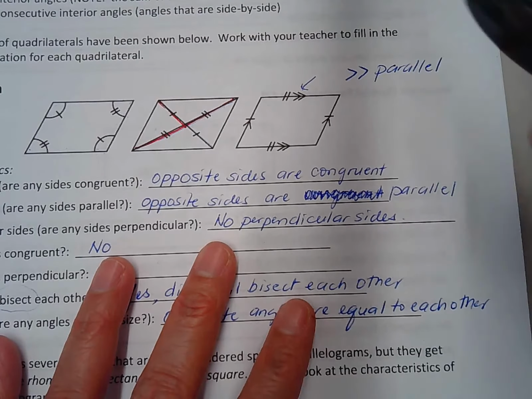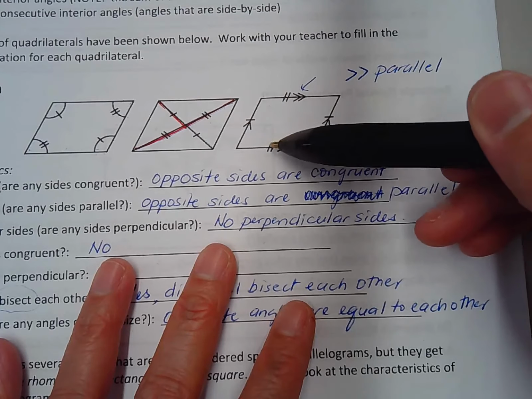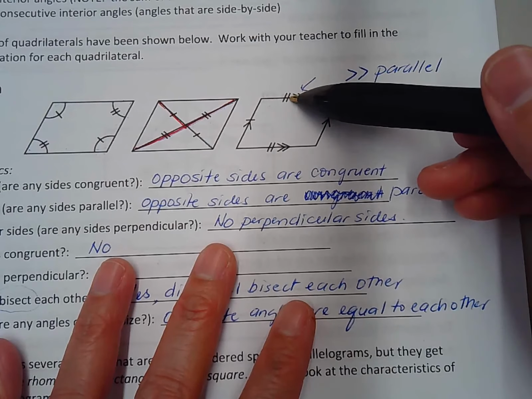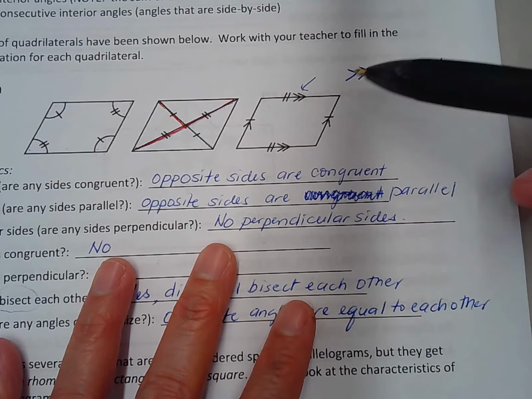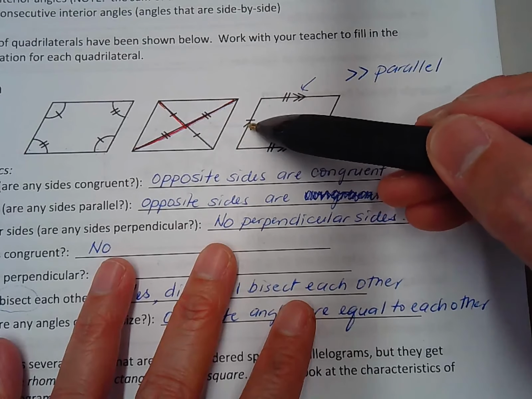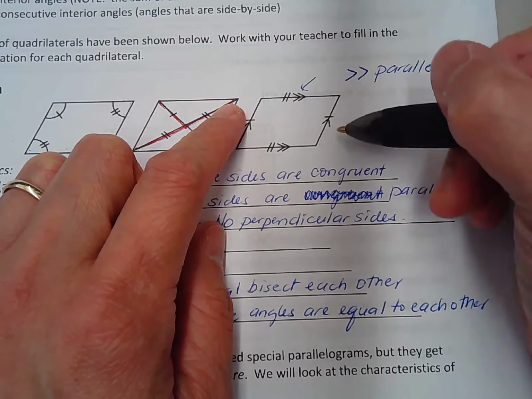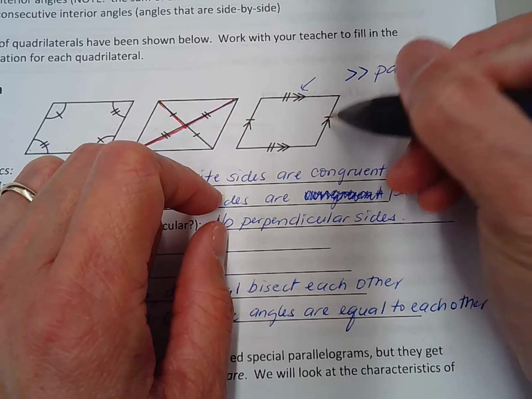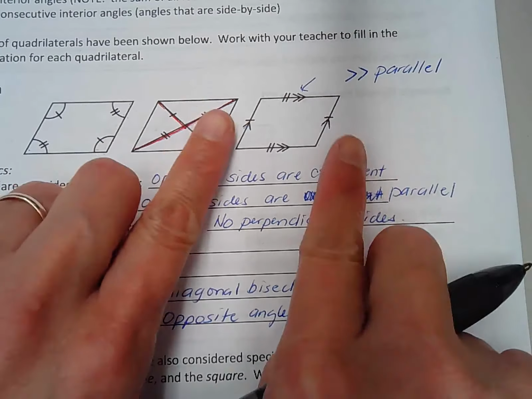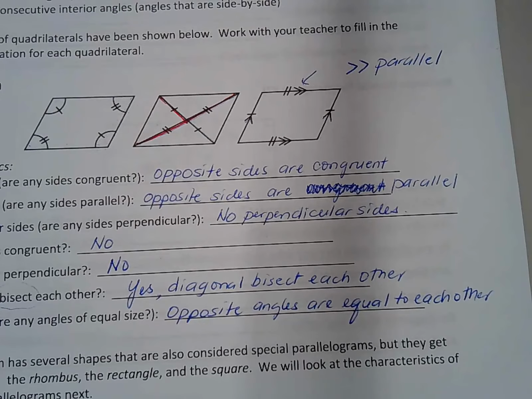So these two opposite sides are both equal, and they are both parallel. And then this one, these two sides are both equal. You've got those marks there, and then you have one arrow going this way. That means they're going in the same direction. They're parallel to each other.